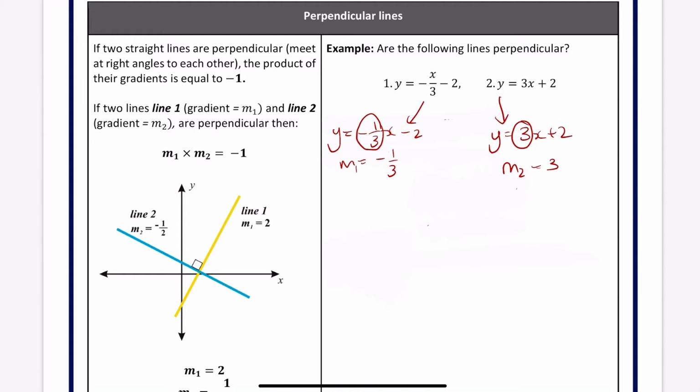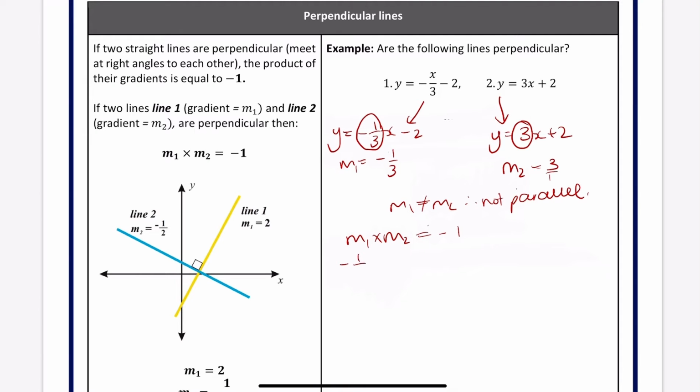Now, these are not the same. m1 does not equal m2, therefore not parallel. But are they perpendicular? Well, it looks like it is, because 3, if it was flipped and the negative was in front, it'd be negative 1 over 3. But let's check that they times together to make negative 1, just to be sure.